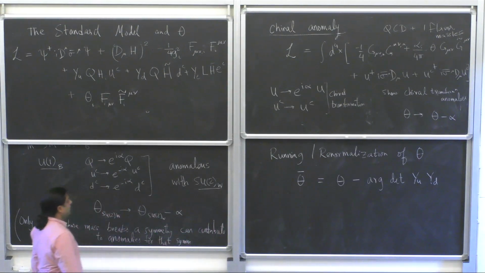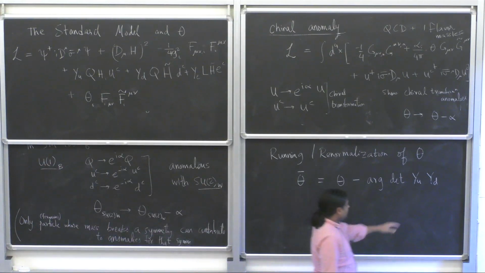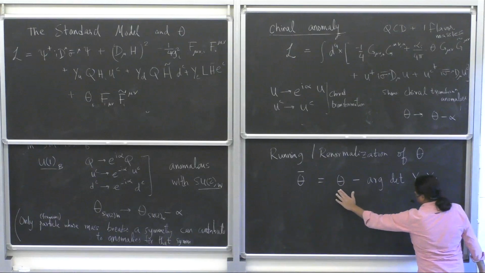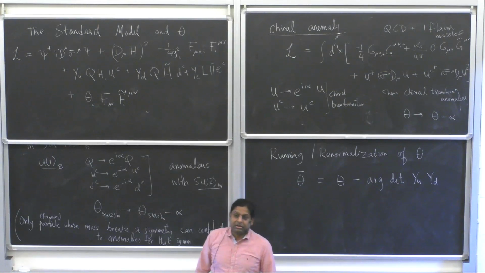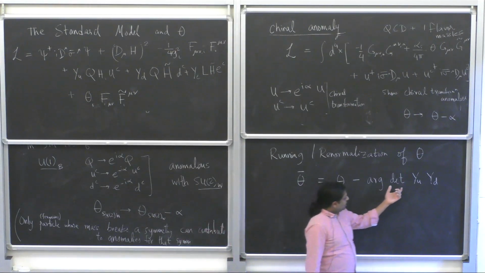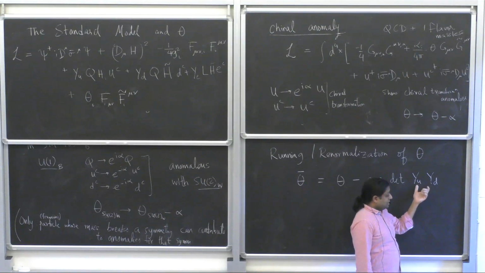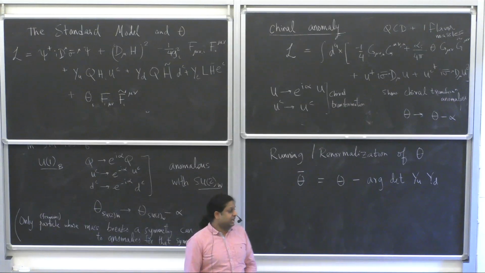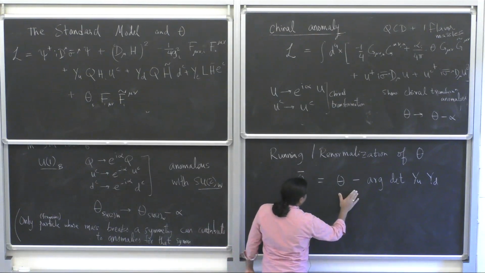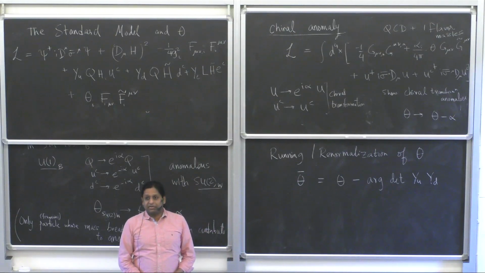The idea being that the phase in the Yukawa matrix can feed into the theta angle, and the combination that they feed into is precisely this combination, which is anomalous with QCD. So the rotations which change the determinant of the Yukawa matrices by a phase are the rotations which are anomalous with QCD, and they change the theta angle. This combination is physical. It's independent of field redefinitions.